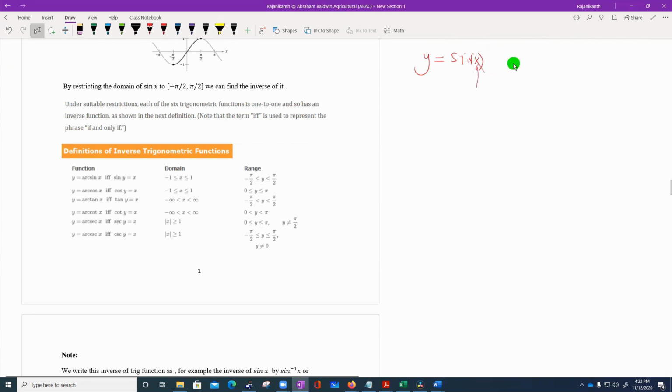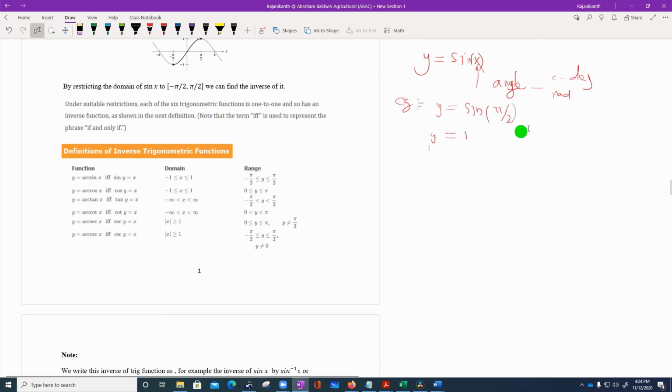This domain, normally we have an angle, so you could use either degrees or radians. For example, if you want to find sine of pi over 2, we know this is in radians, basically 90 degrees. So you will get the answer, which is 1, right? So the range is y and the domain is x.